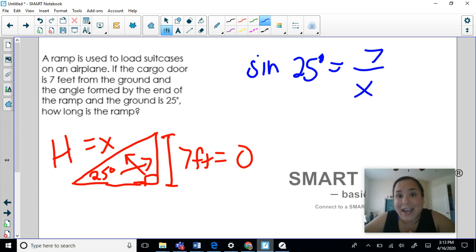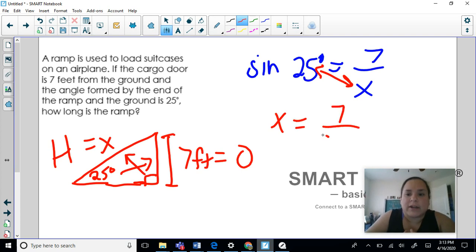And again, we have x in the denominator. So we're just going to do that quick little trick, switch these, and we're going to get x equals 7 divided by sine of 25, right? And this is your actual answer.